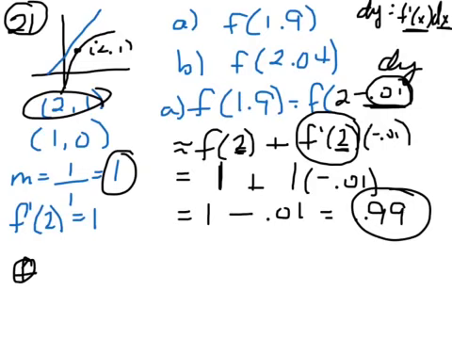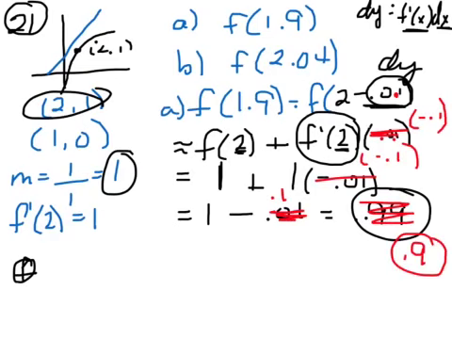Let me correct some things in red. 1.9 would be 2 minus 0.1, so it would still be the derivative at 2, but I need to move my decimal place over. This should have been negative 0.1. I put an extra 0 in and I just caught it. So 1 minus 0.1 would actually be 0.9. Okay, now I've got it. My decimal place was in the wrong spot, so when I was subtracting, I was getting the wrong value.